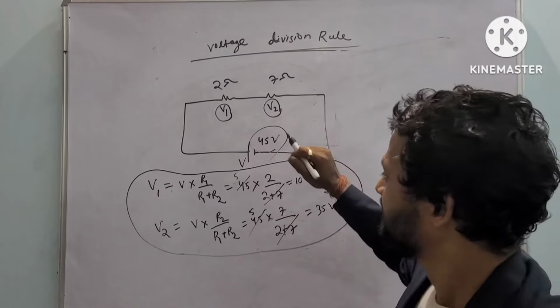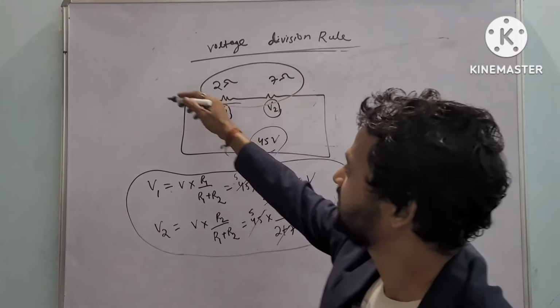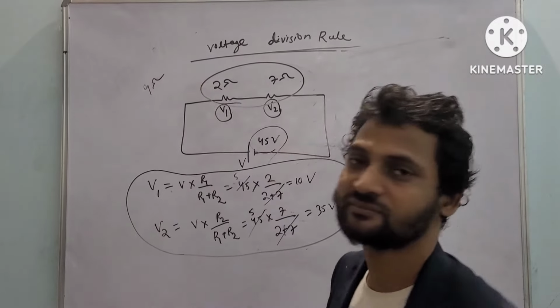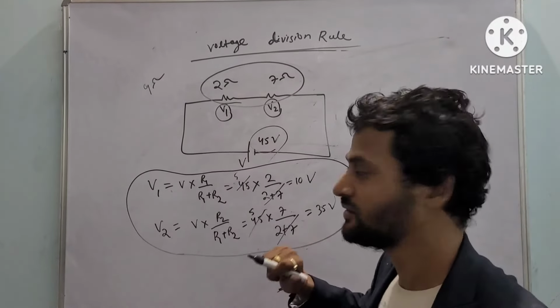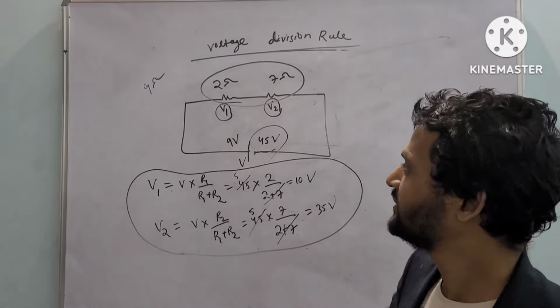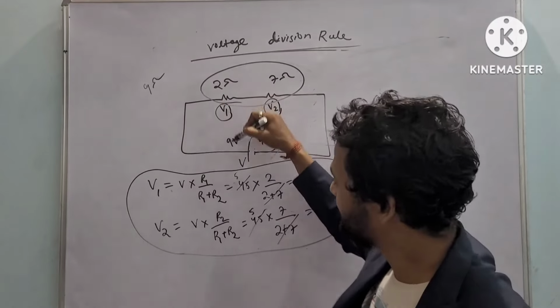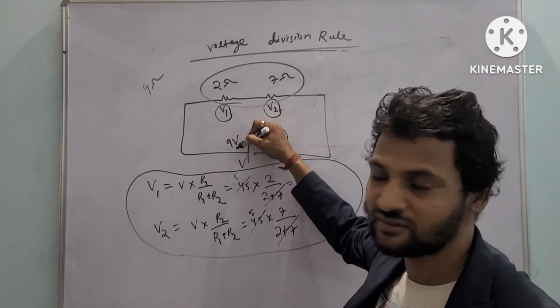But हम शॉर्टकट अप्लाई करेंगे. ठीक है. 2 and 7 दोनों को ऐड कर दो. कितना हो रहा है? 9. Let 9 volt is given to the circuit. Let. So the magnitude is equivalent to this magnitude, right?